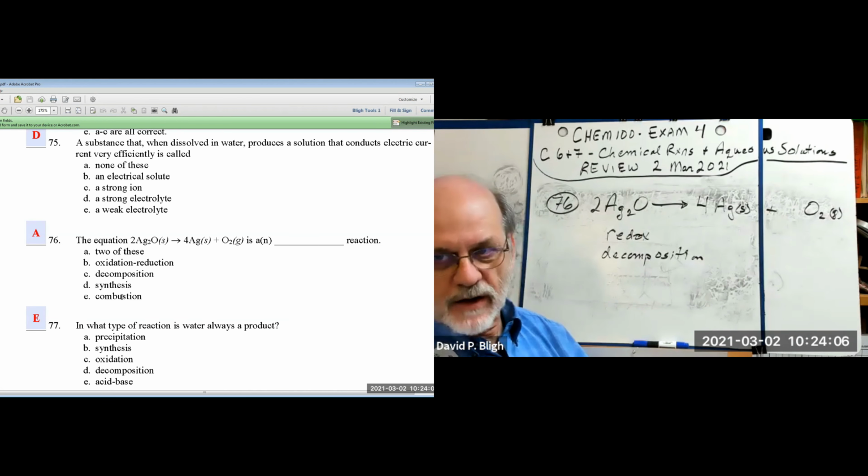Now what do you get? When you put those solutions together, all you have to do is a double replacement. Sodium with nitrate is soluble. It's aqueous. Lead with iodide is a solid. Look it up in your solubility chart, and you'll see that lead iodide is a solid.